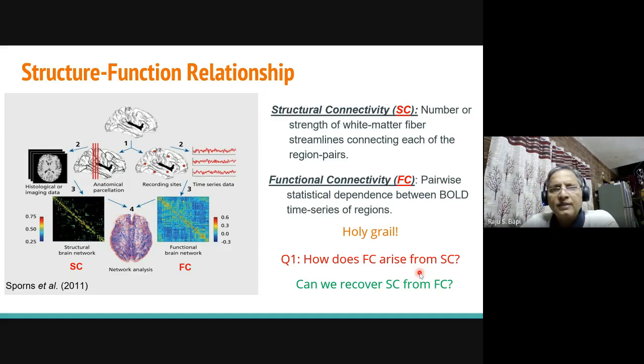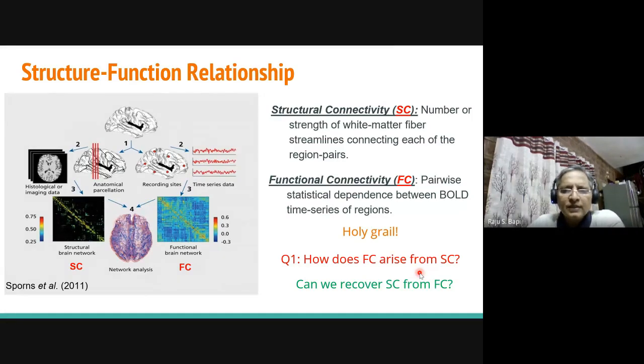So to address this question, our colleagues and I, our students, we thought of looking at diffusion phenomenon over graphs. This can be looked at as a graph with 68 nodes, 34 on either side of the brain.